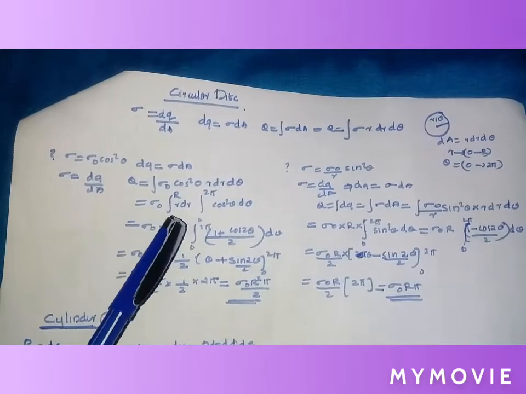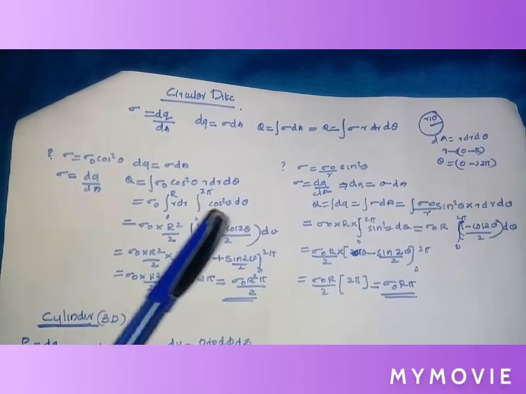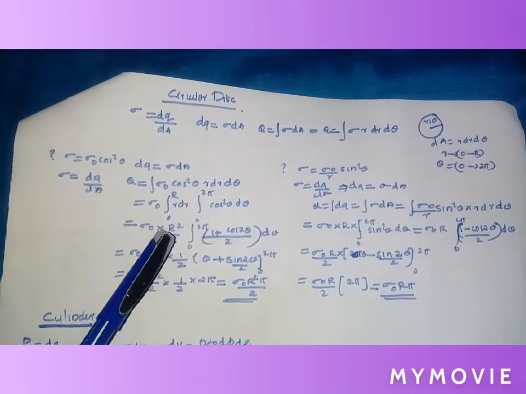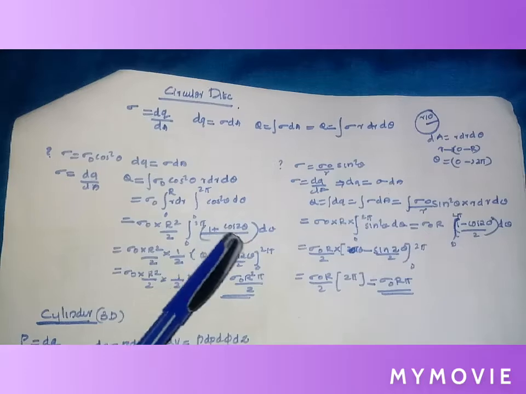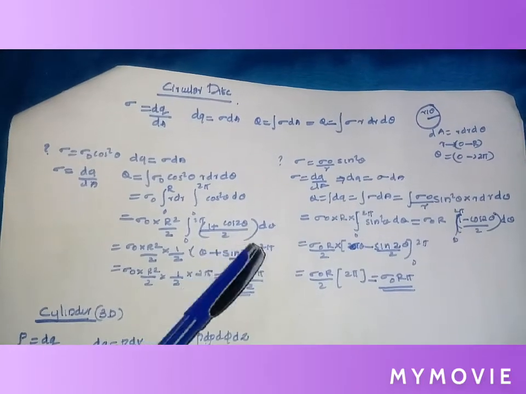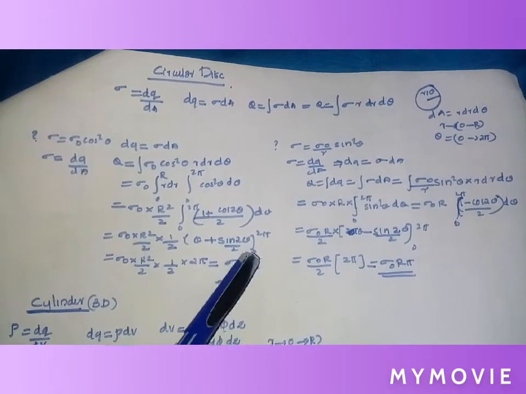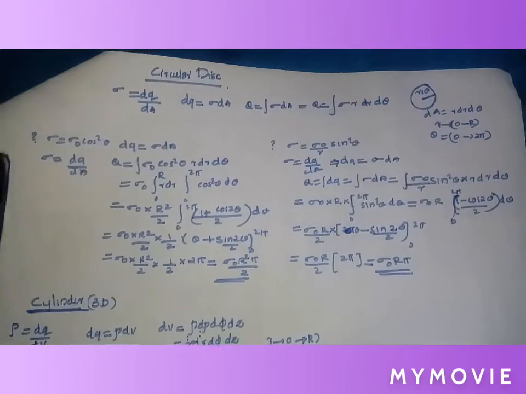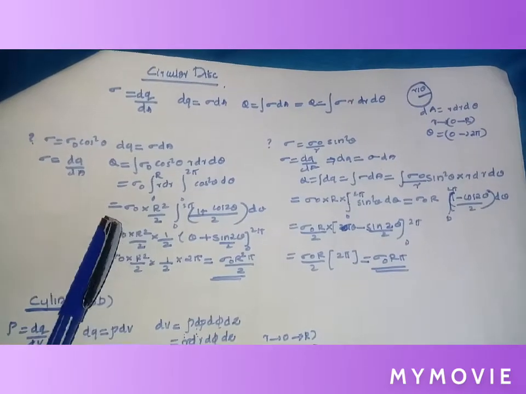Okay, so sigma 0, integral 0 to R r dr, integral 0 to 2 pi cos square theta d theta. Here we get r square by 2, and cos square theta is replaced with (1 plus cos 2 theta) divided by 2, and after integration we get the answer as sigma 0 R square pi by 2, the total charge of the circular disc here.